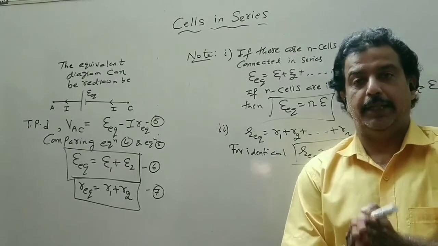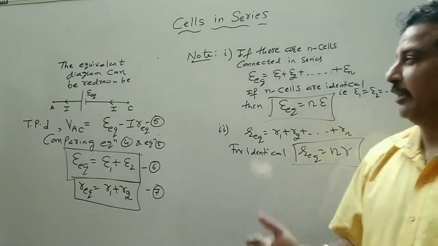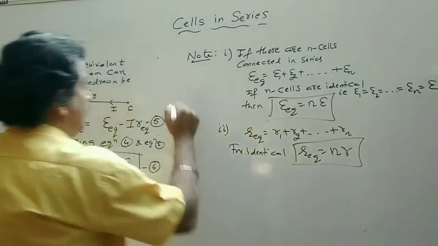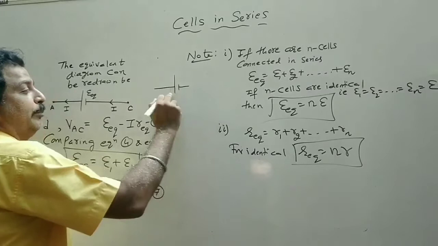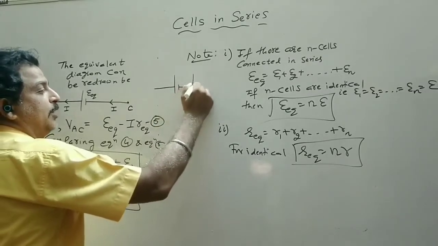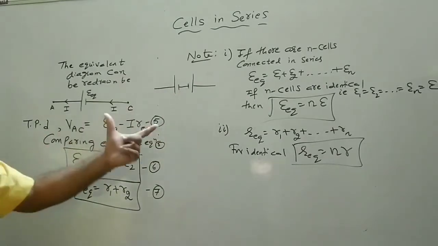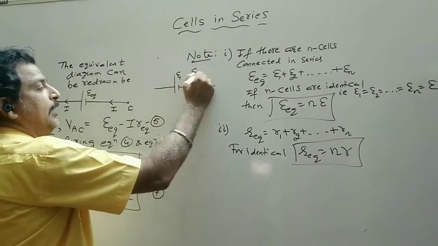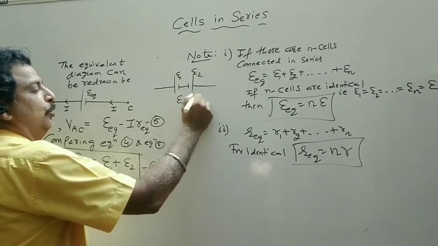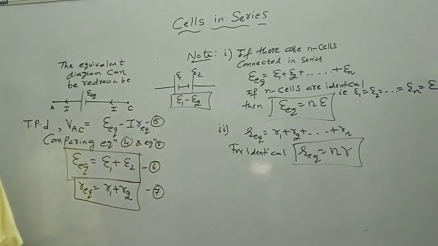Helping condition means plus minus, plus minus, plus minus. Now suppose the cells are connected in opposing condition. Opposing condition means plus minus, minus plus. This is the situation. Then, assuming E1 is greater than E2, the opposing condition can be written as E1 minus E2.